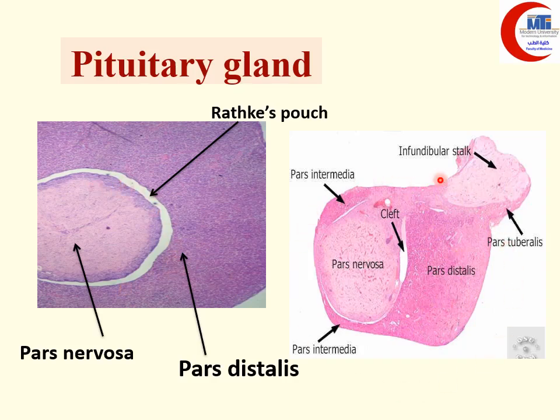This is also a light microscopic picture of the pituitary gland showing all its parts. This cellular part is called pars distalis and pars intermedia, and this part is the neurohypophysis, infundibular stalk, and pars nervosa.